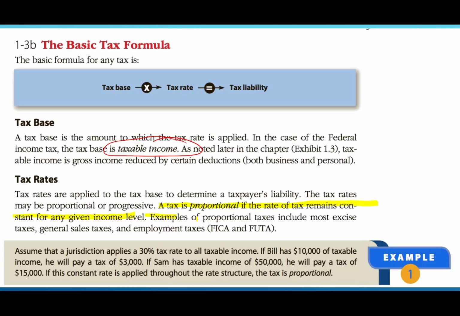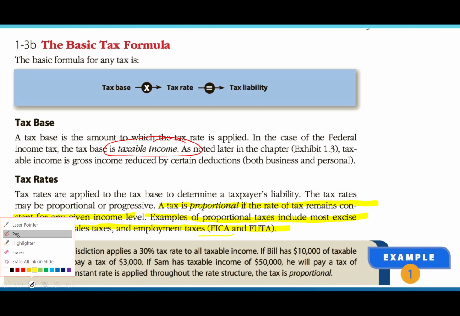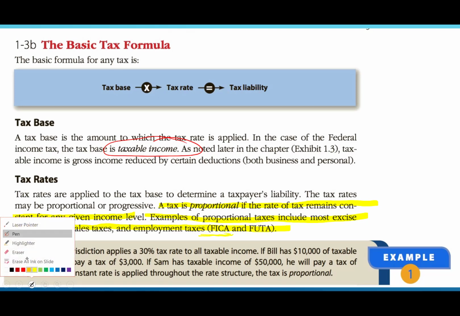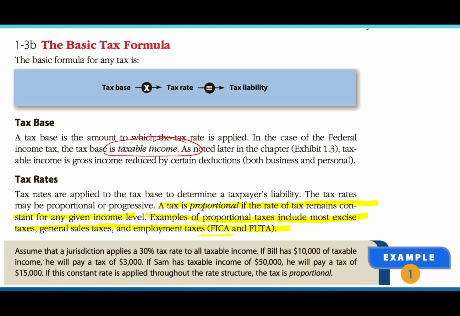Okay, and they give you some examples of proportional taxes here. FICA, for example. FICA is your Social Security tax. FICA is a certain percentage of your income, and it doesn't matter how much you make, up to a certain point, they're going to take that percentage. So they don't change it because you've gone up in your income.